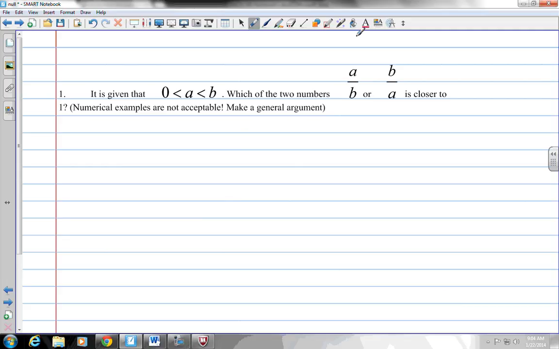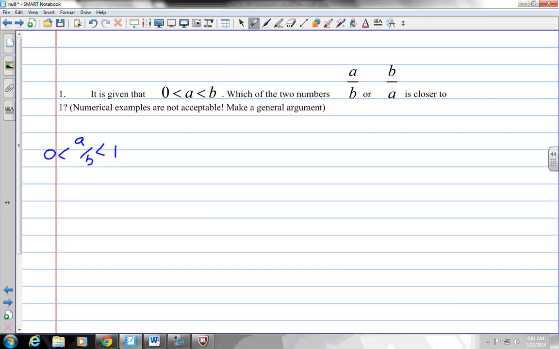And again, it feels like it should be A over B, because what you're saying is you make B large enough, you can get B over A to be 1,000. Well, this is the thing that you can kind of start with, because the answer should be A over B, right? Because A over B is always between 0 and 1.